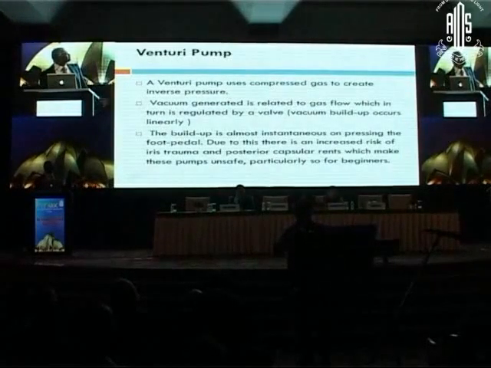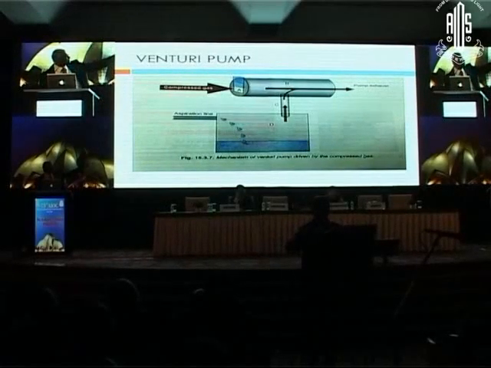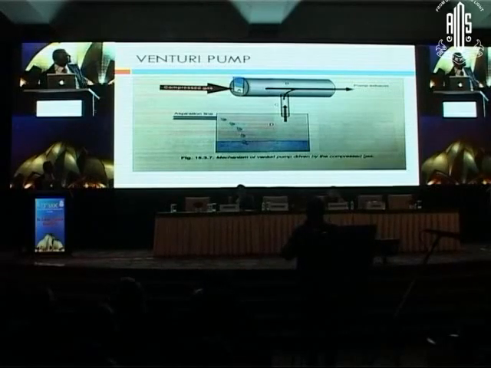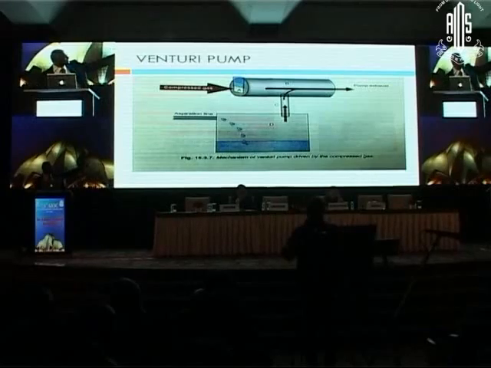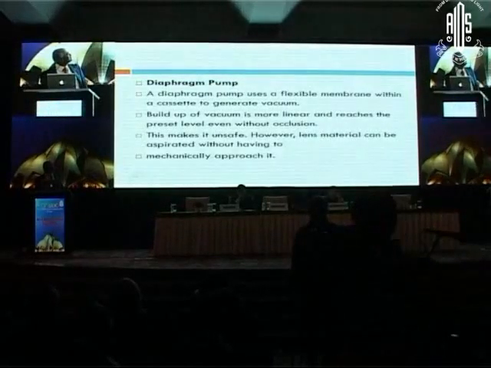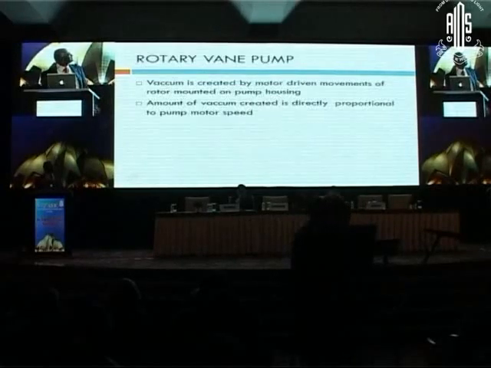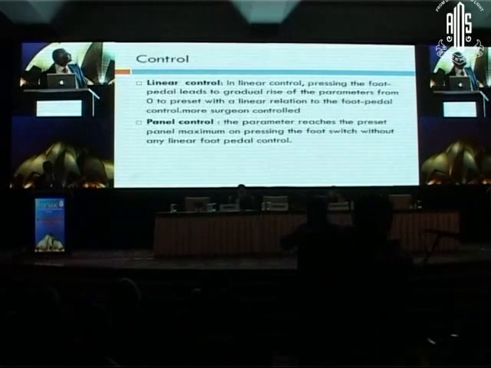Then the venturi pump: here you can see the compressed gas which goes in at opening A, and then aspiration happens. It is indirect, it is not connected with chamber B. And the diaphragmatic is a difficult pump. We are not using that. Advantages, I don't want to go into detail.